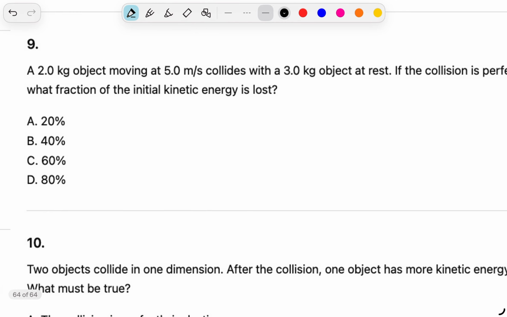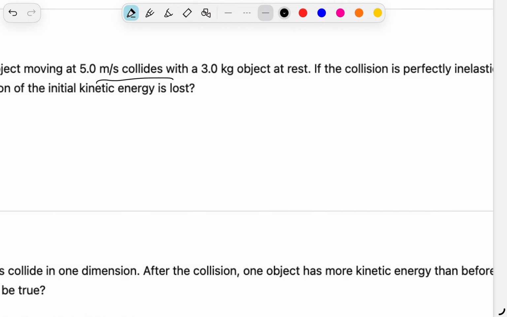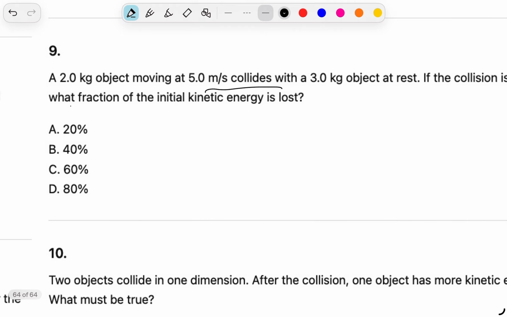A 2 kilogram object moving at 5 meters per second collides with a 3 kilogram object at rest. If the collision is perfectly inelastic, what fraction of initial kinetic energy is lost?